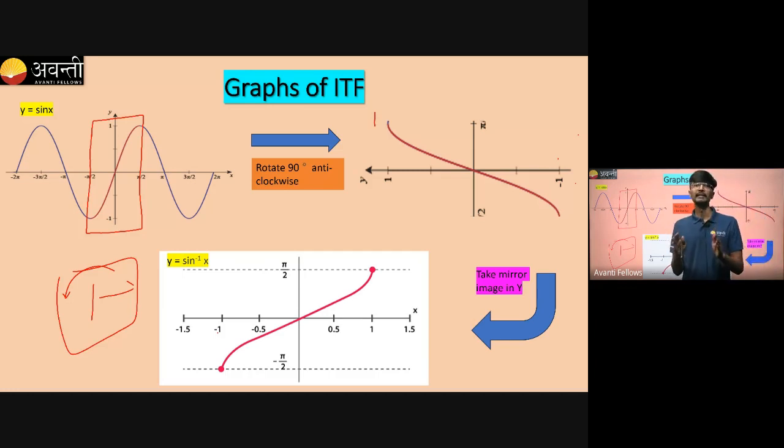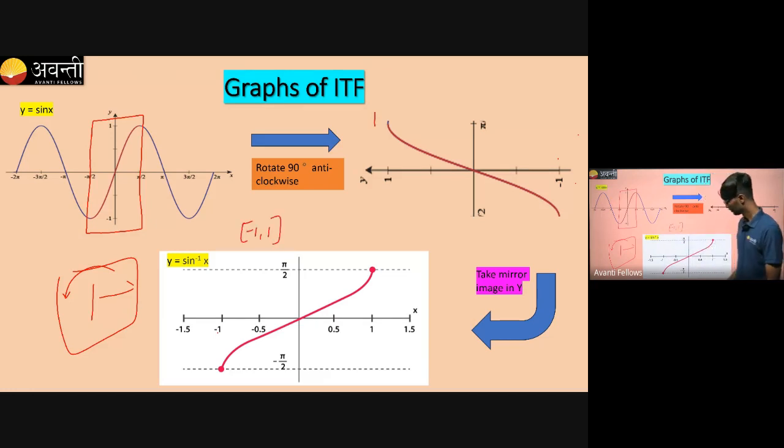Input means domain. Now, if you remember the domain of sine inverse, it is from -1 to 1. So the graph will not go beyond -1 and beyond 1. It will be between -1 and 1. And if you remember the PVR, what was the PVR for sine inverse?